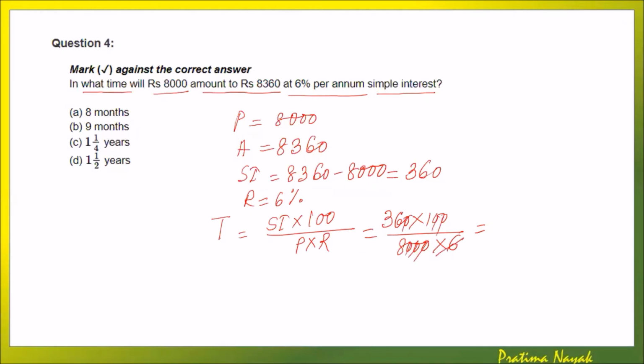Then 6 times, so it will be 6 by 8. Make it lowest. This will be 3 by 4 years. 3 by 4 is how much? Which one will be the answer? It will be 1 and 1 by 4. So C is the answer.